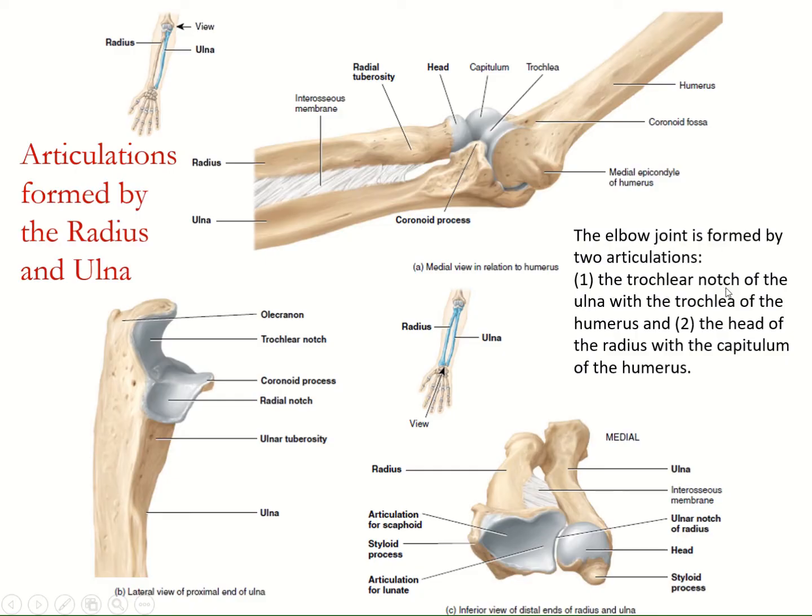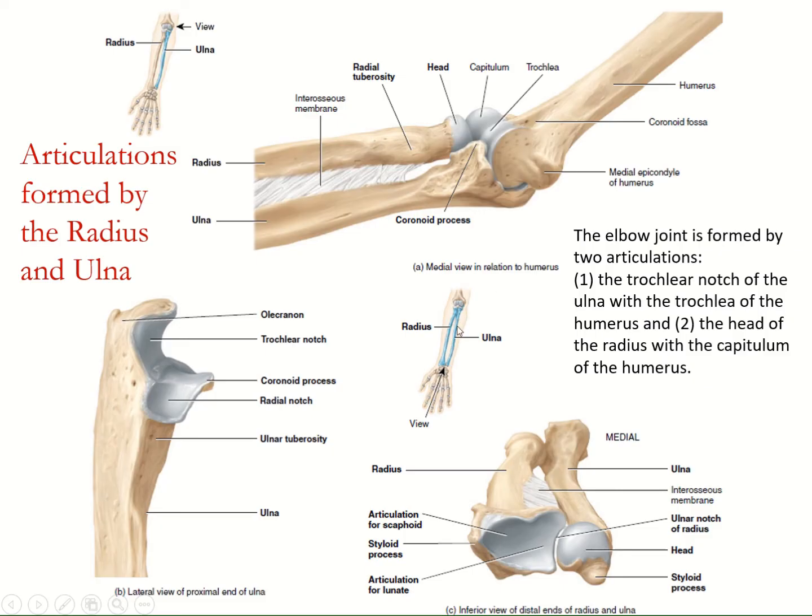First is the trochlear notch of the ulna with the trochlea of the humerus. The trochlea will articulate with the trochlear notch of the ulna over here. And the head of the radius will articulate with the capitulum of the humerus. So this forms your elbow joint.